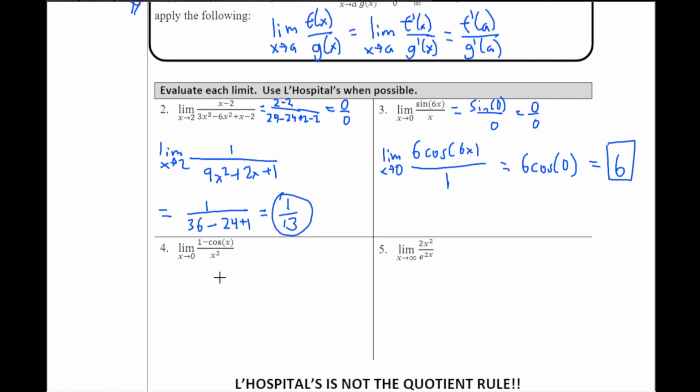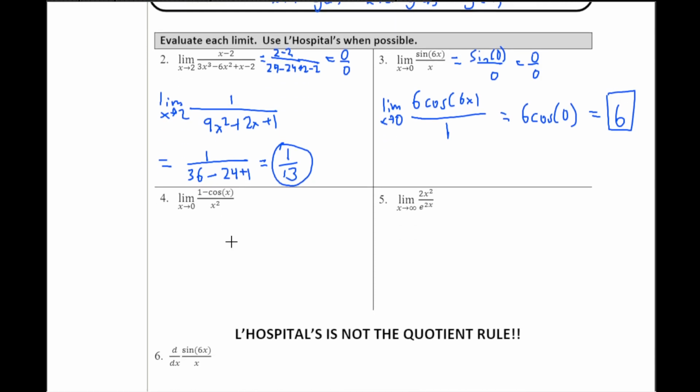This one here. The limit as x approaches 0 of 1 minus cosine x over x squared. If you tried direct substitution, you'd end up getting a 0 over 0 again. And then now you can take the derivatives of the top and bottom of the fraction. The limit as x approaches 0 of the derivative of 1 minus cosine x, which is positive sine x, over 2x on the bottom.